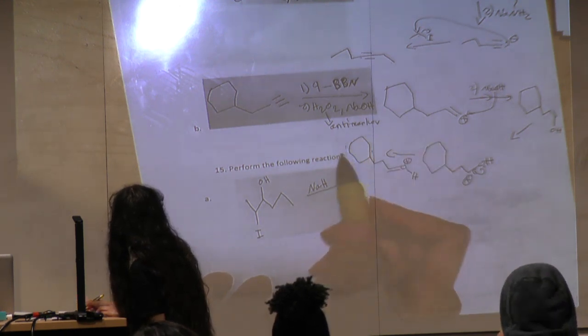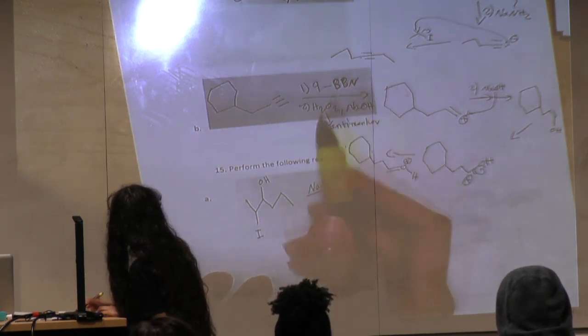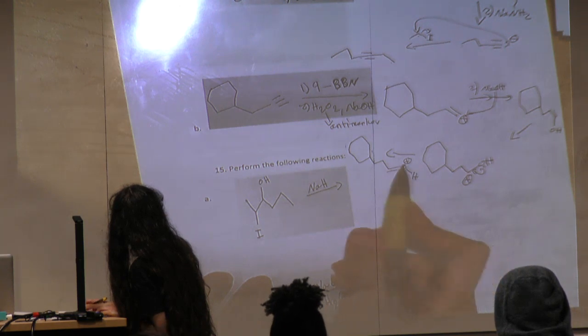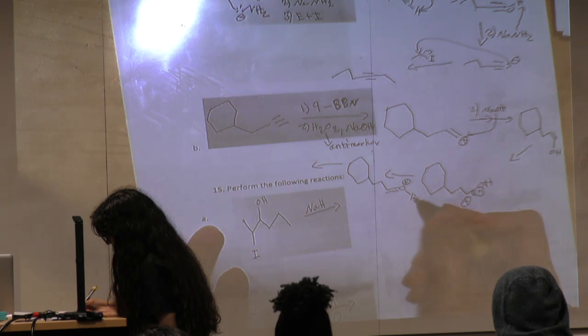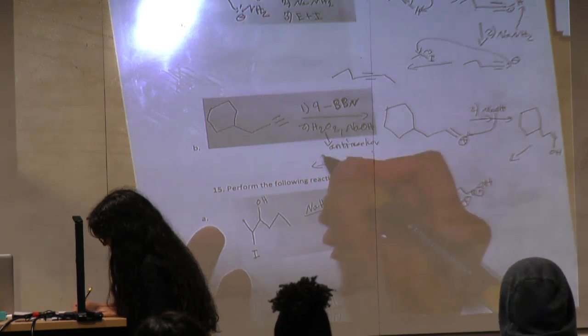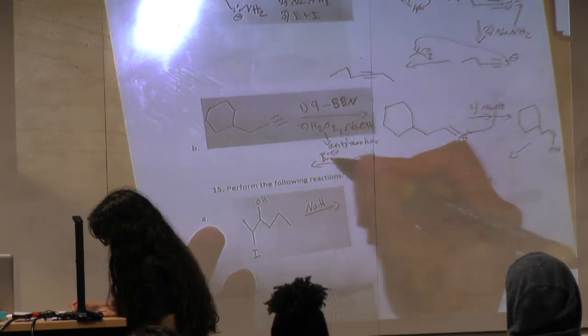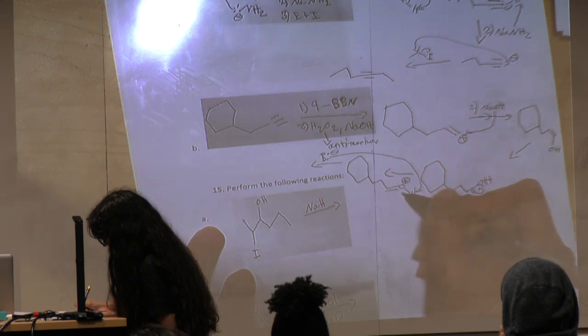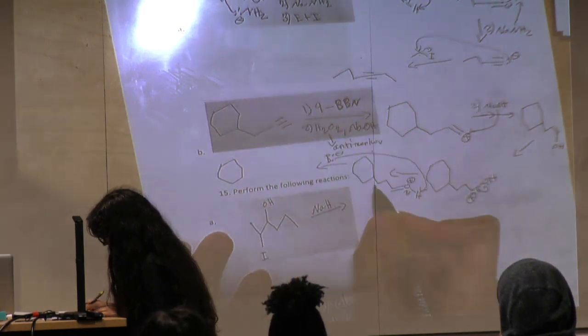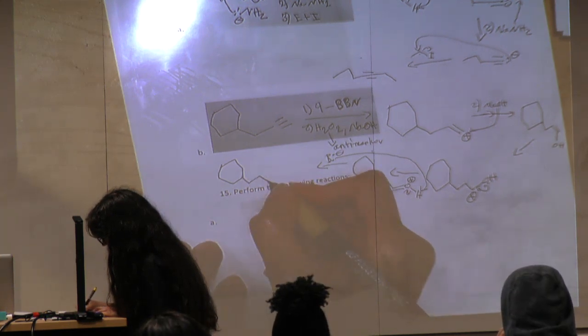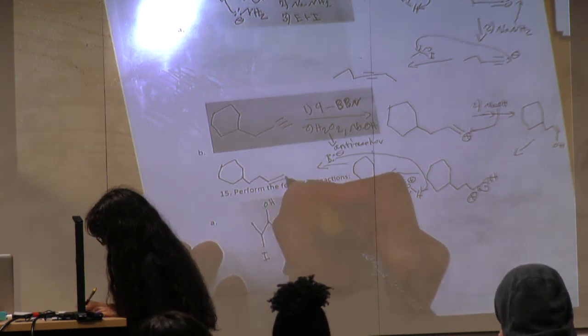And now we can just come in with our NaOH or with water and deprotonate that to make it stable. So we'll come in with a base and deprotonate that to make it into 1, 2, 3, 1, 2, 3, double bond, and there.